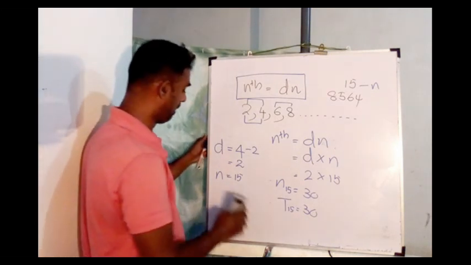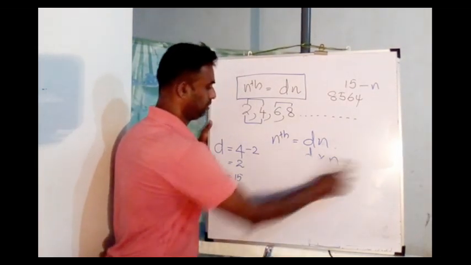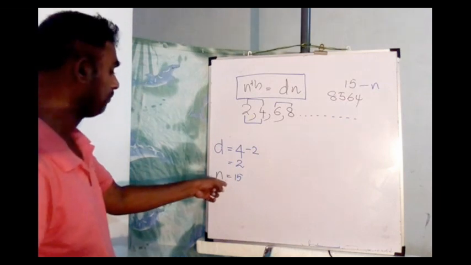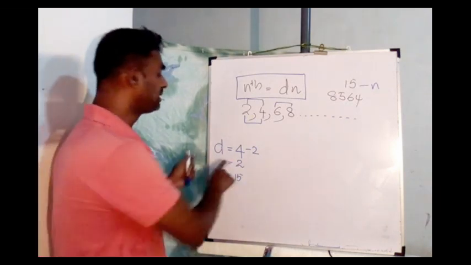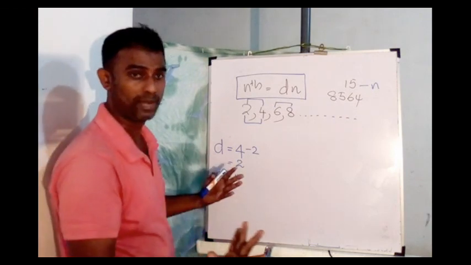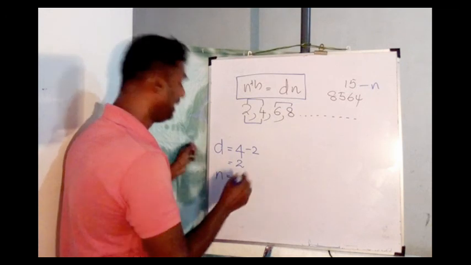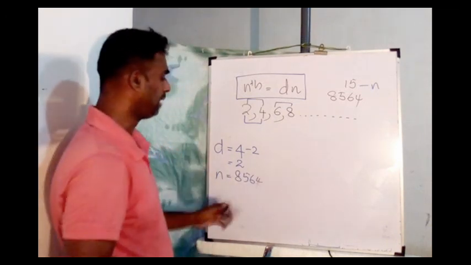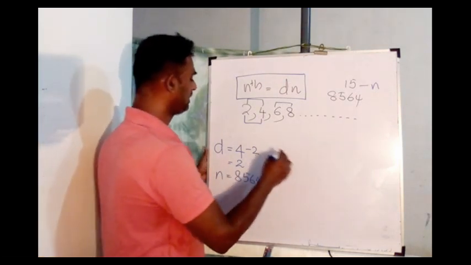8564. I will clean the board. Now, d is 2, and n is 8564. Now we want to substitute these two amounts into this equation.